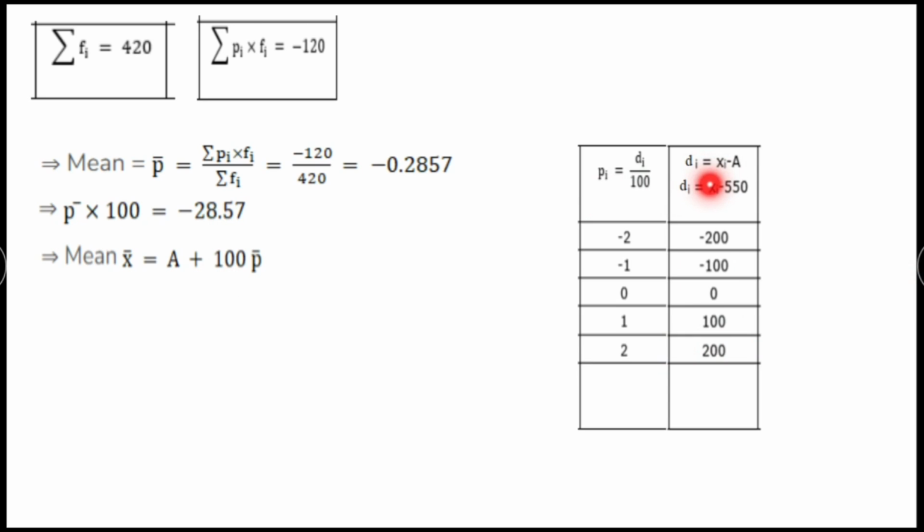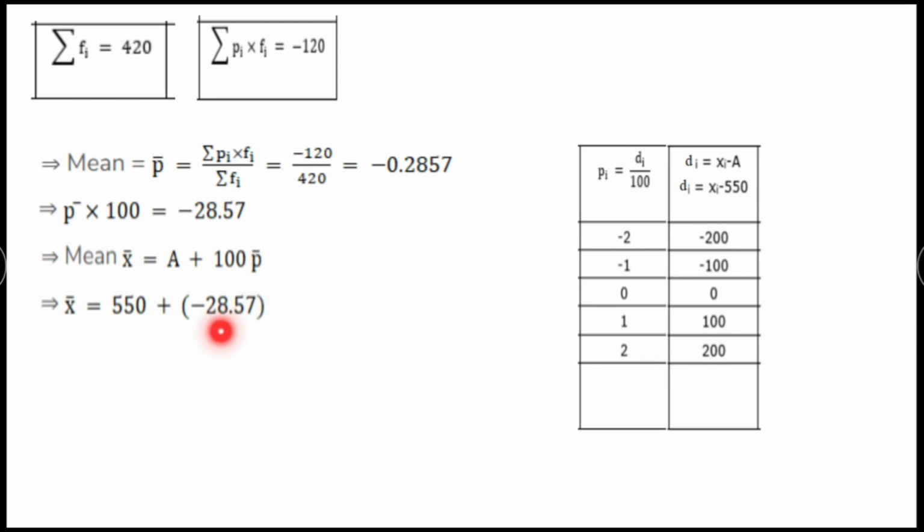So by this di equals to xi minus a, we transfer this a to the left-hand side. So in place of di we write Pi into 100 here. So substitute the value of Pi into 100 as minus 28.57 and a as 550.